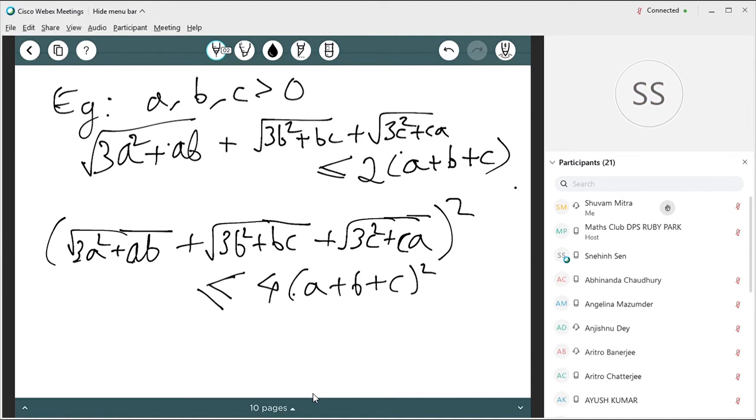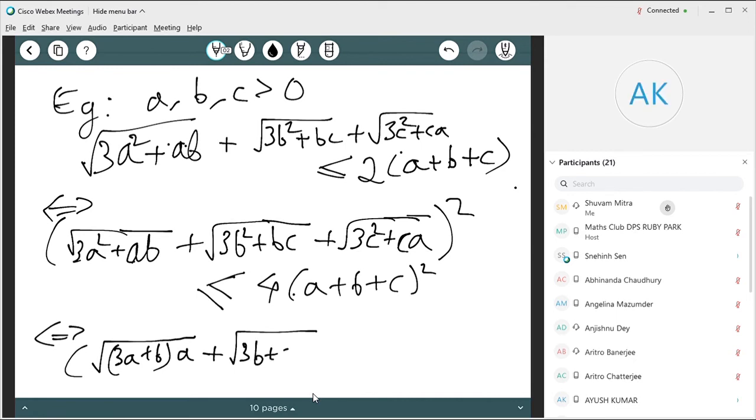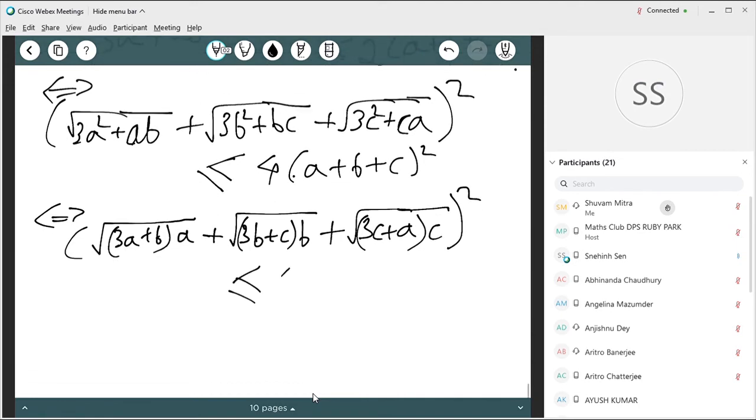Let's rewrite it. This inequality is true if and only if root of 3a plus b times a, plus root of 3b plus c times b, plus root of 3c plus a times c, whole squared, is less than or equal to 4a plus 4b plus 4c times a plus b plus c.